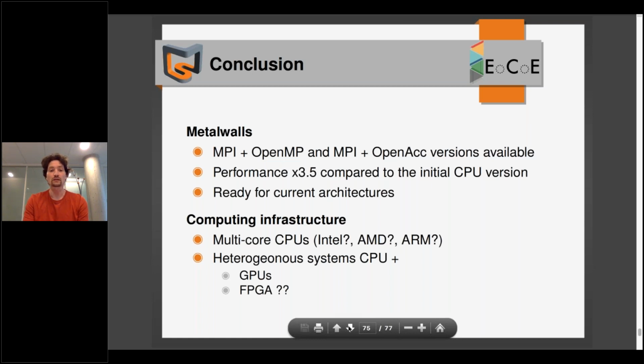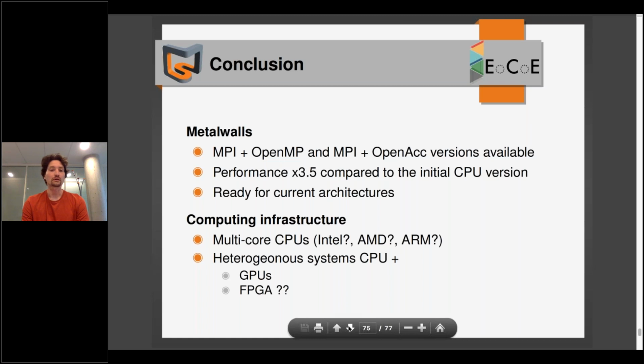We managed to get an acceleration of 3.5 compared to the initial CPU version. So basically the code is ready for current architectures. We are deploying the new version for running on IREN, as we speak.